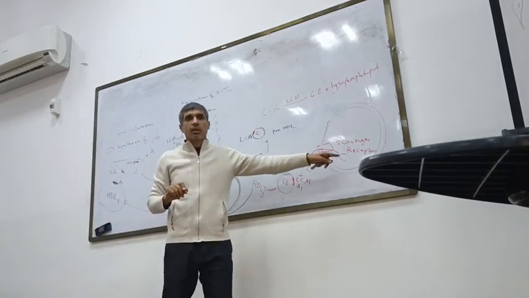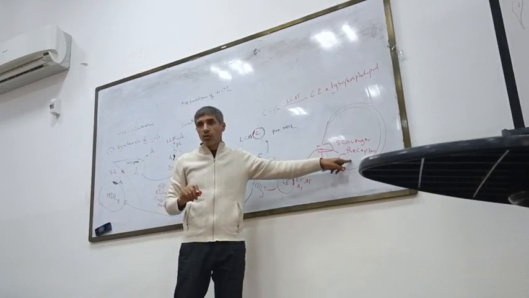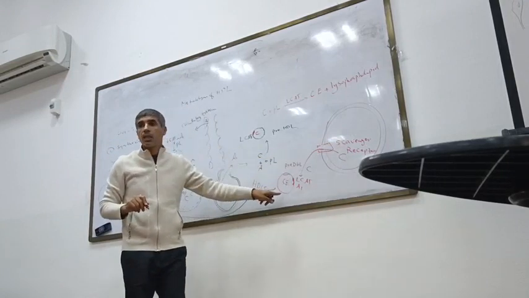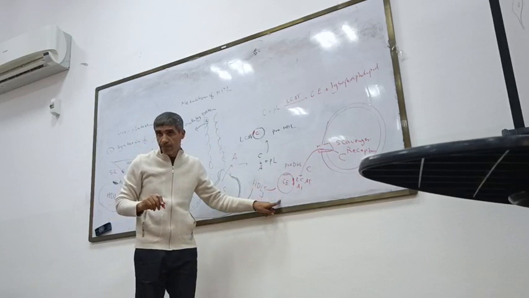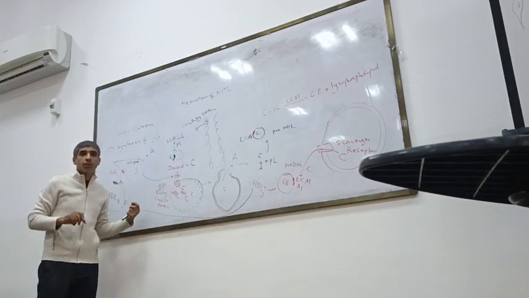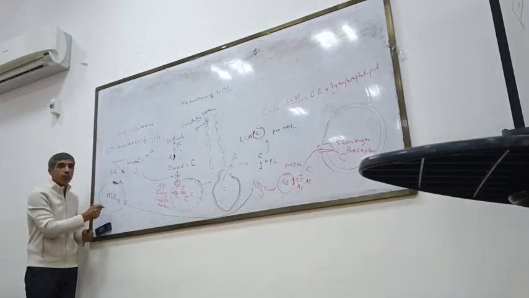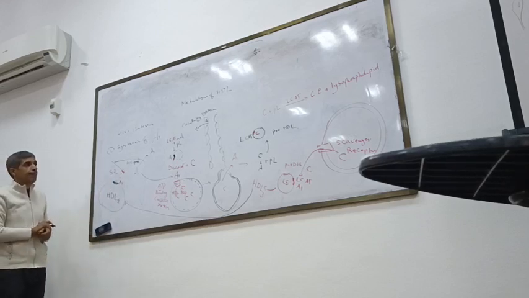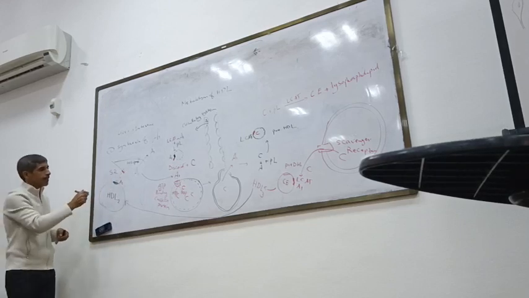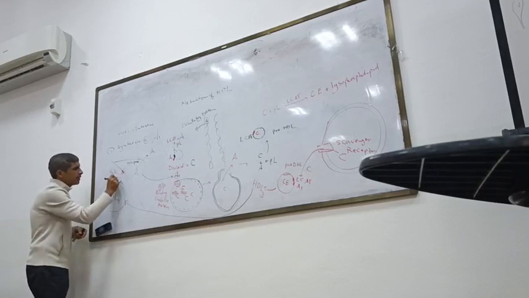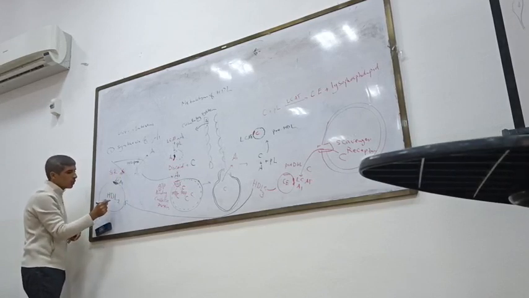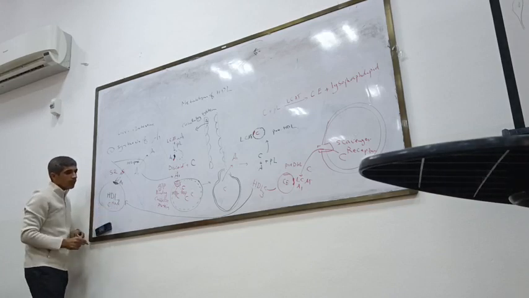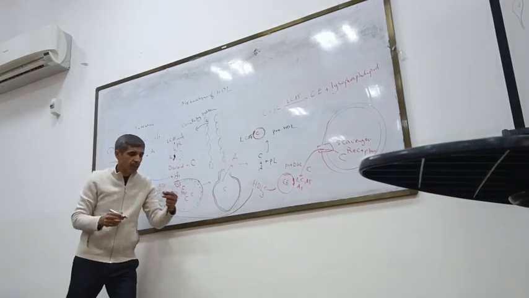Number one, transportation of cholesterol from peripheral tissues to the high density lipoprotein. Number two, absorption of high density lipoprotein 2 by the liver. High density lipoprotein 2 has more cholesterol content than high density lipoprotein 3.